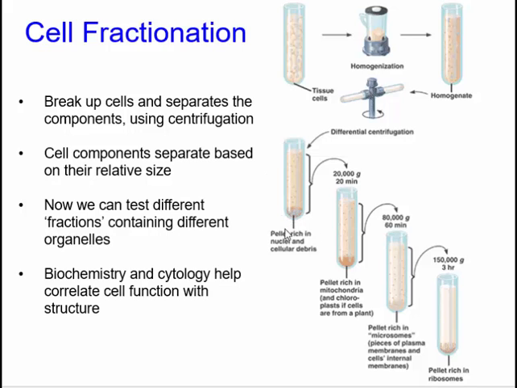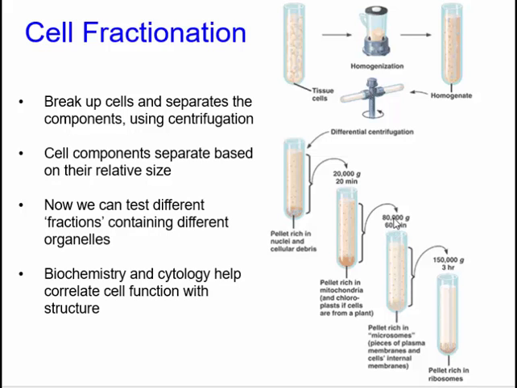And so in the first spin, you have a pellet that's rich in cellular nuclei, so big stuff. So you take what's in the liquid portion here and you centrifuge it again, this time at a much higher speed. This is 20,000 times gravity for 20 minutes. Now we're pelleting, down the bottom here, chloroplasts and mitochondria. All right, let's take the liquid again. We'll save these guys and take the liquid and pass it to another tube.